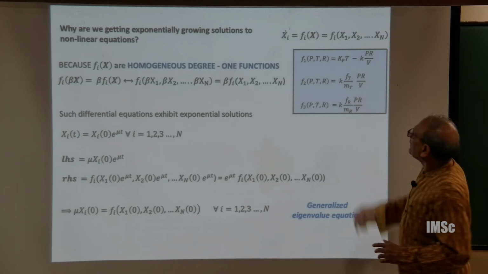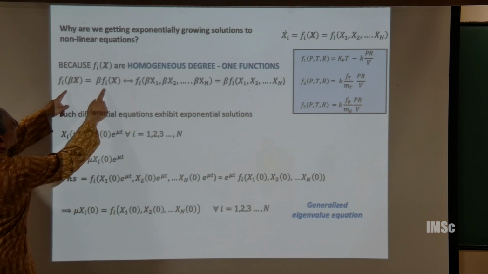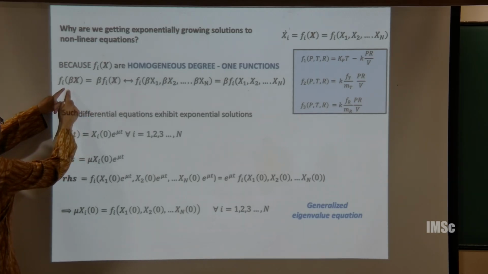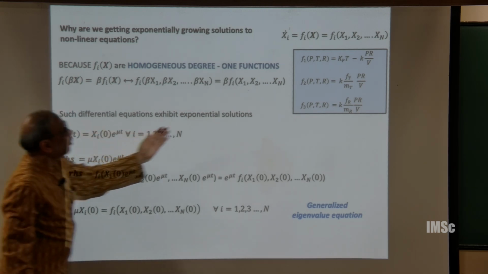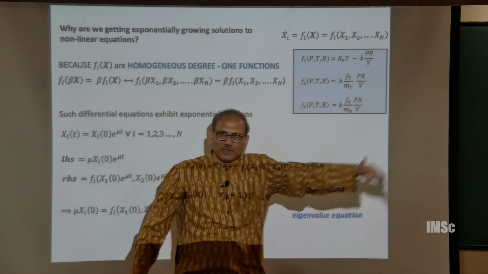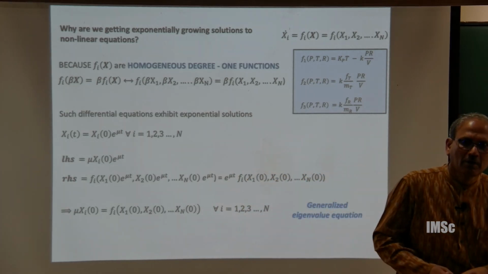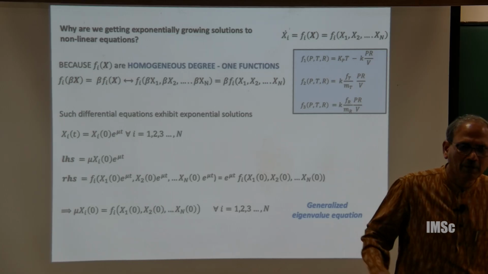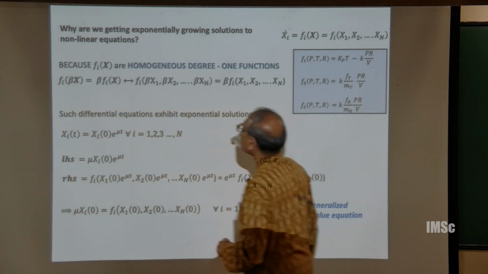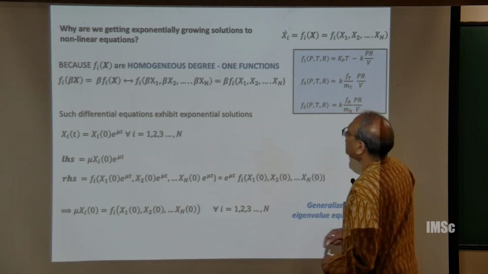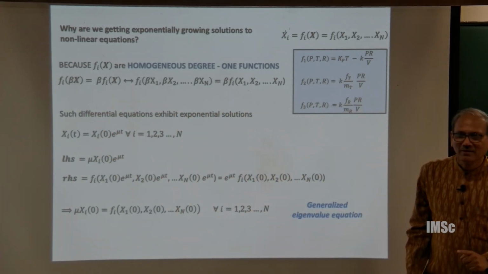So these functions satisfy the following scaling property. If I scale all the variables xi by some constant beta, a positive number, then my function itself gets scaled by beta.